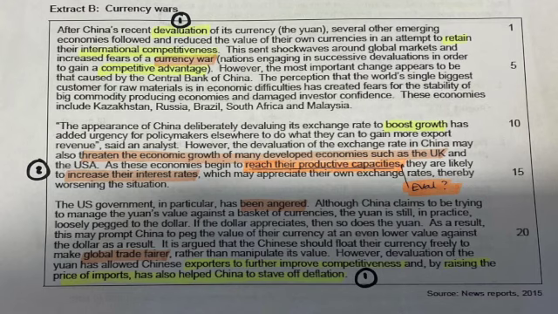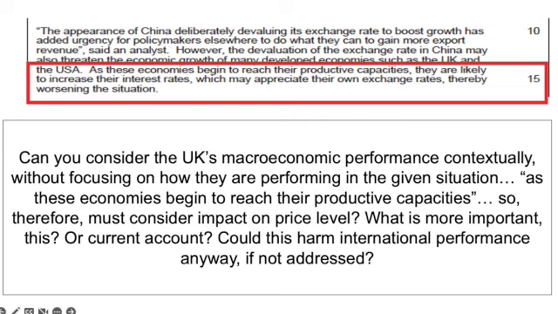So if you miss this sentence, then your answer is going to be contextually limited. So this is the part of the case study that I'm referring to in terms of productive capacity. And as I've just said there, can you consider the UK's macroeconomic performance contextually without focusing on how they perform in the given situation? As these economies begin to reach their productive capacities, so therefore must consider the impact on price level.